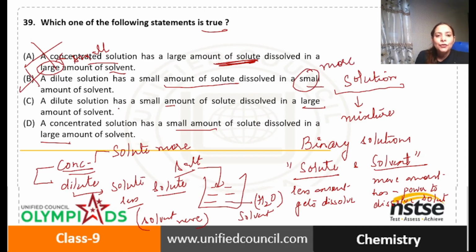A dilute solution has a small amount of solute and a large amount of solvent. Yes, correct. A concentrated solution has a small amount of solute. False, because it has more solute. So which option is correct, student? Option C is correct, because it is properly defined: a dilute solution has a small amount of solute but more solvent.